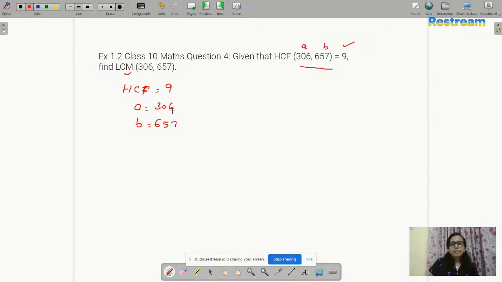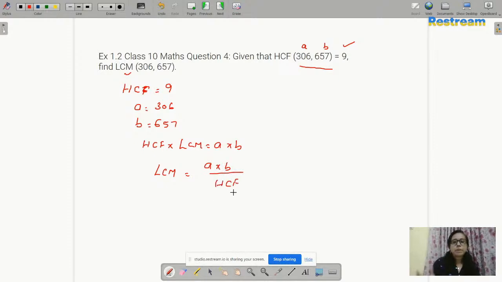So here A is equal to 306 and B is equal to 657. We have to find out the LCM. Okay, right? So what is the formula actually? We know that HCF into LCM is equal to A into B. This is the formula. What do you want to find out? LCM. So LCM is equal to A into B upon HCF.